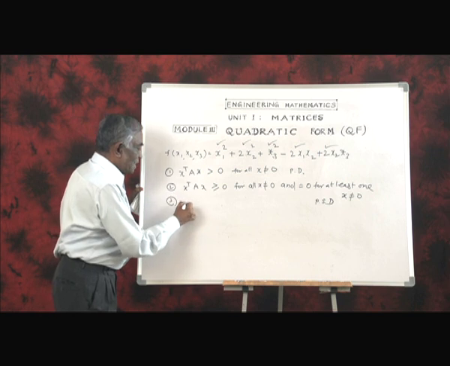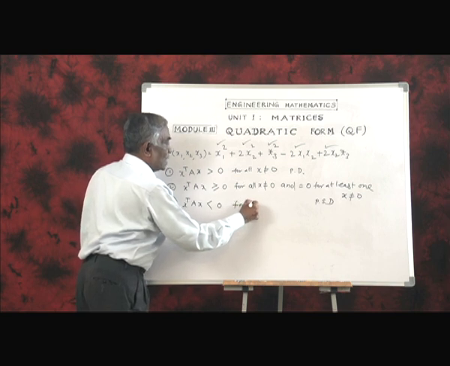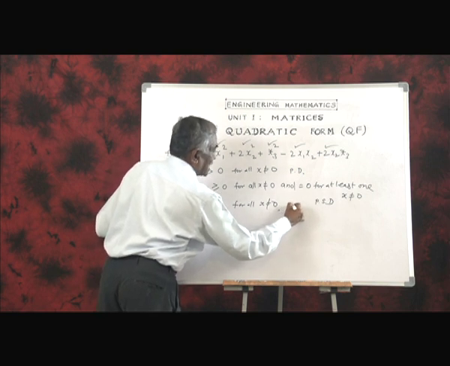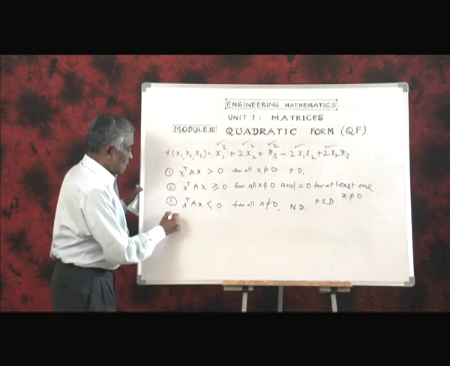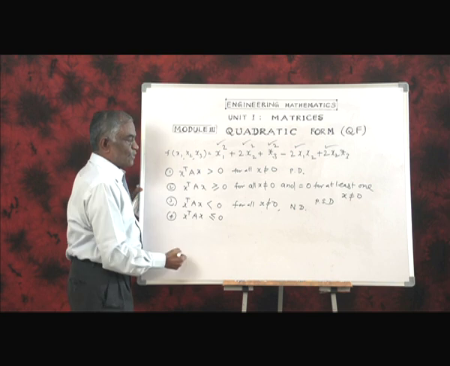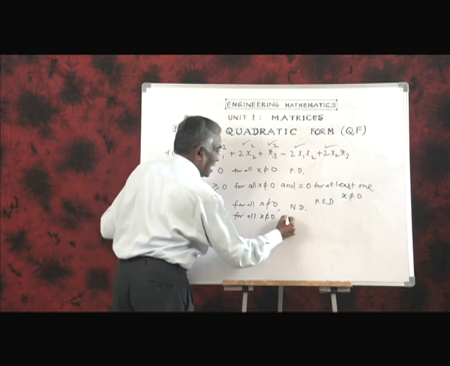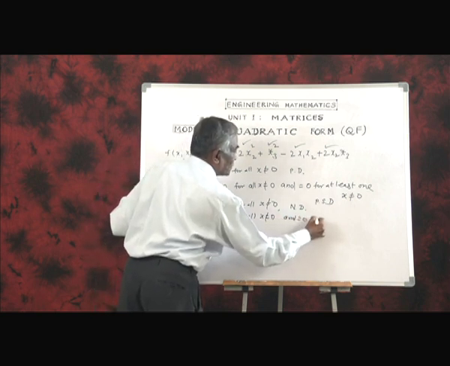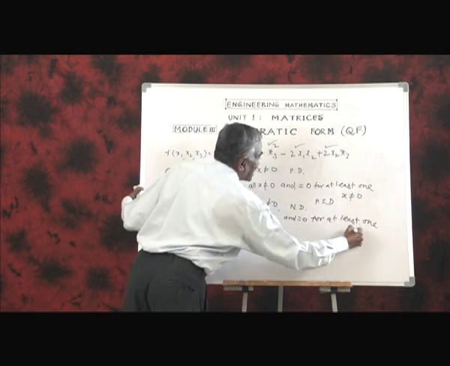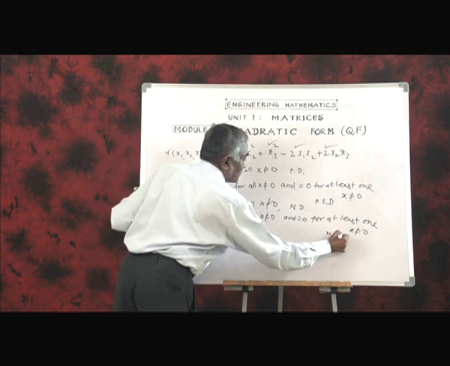Similarly, if x transpose Ax is less than 0 for all x not equal to 0, then we say it is negative definite. Then the fourth one, if x transpose Ax is less than or equal to 0 for all x not equal to 0 and equal to 0 for at least one x other than 0, then we say it is negative semi-definite.